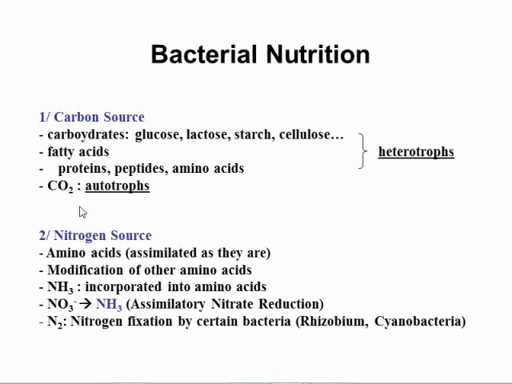Even if all 20 amino acids are not present, most bacteria can transform one amino acid into another, or use biosynthetic pathways coming from other carbon compounds to transfer amine groups and produce their amino acids. Often ammonium, if it's free, can easily be incorporated into amino acids. So these are easy, okay?